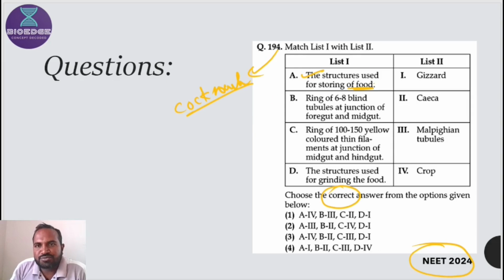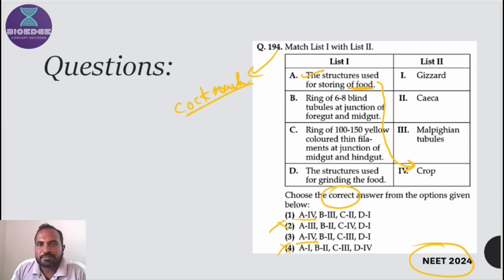As you know, the structure used for the storing of food is the crop. So A4, here is the A4 option. Then A third, A1. So the second option is eliminated, the fourth option is eliminated. Then next A4, B third or B second.